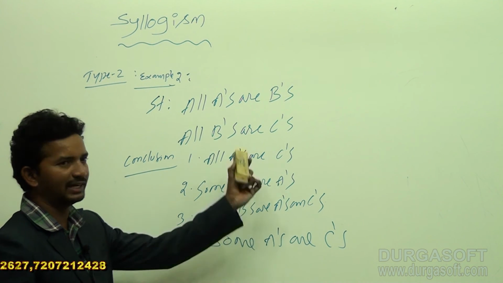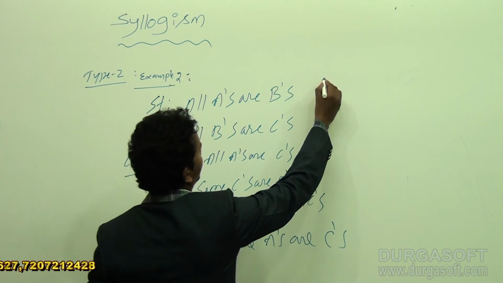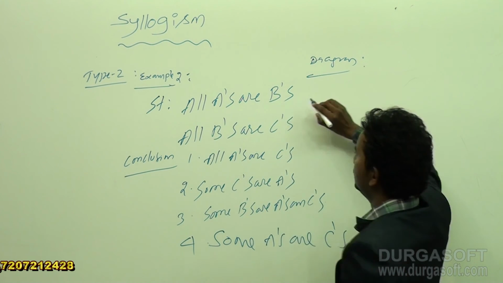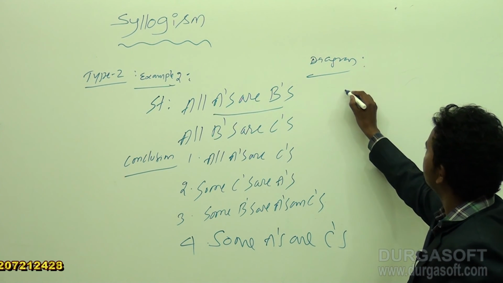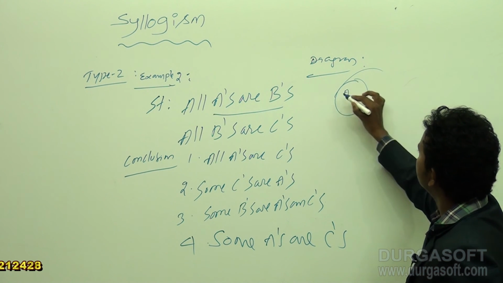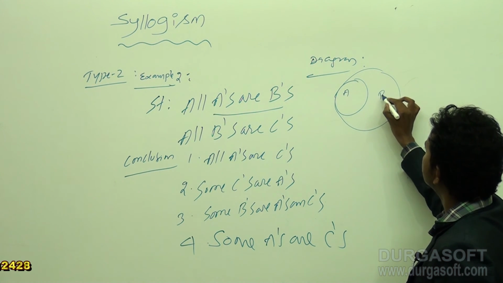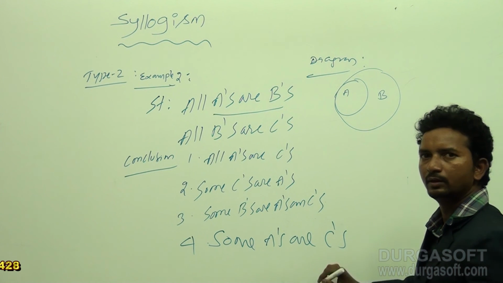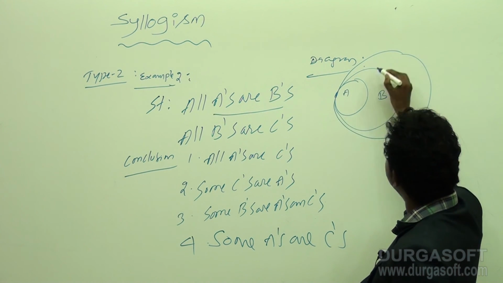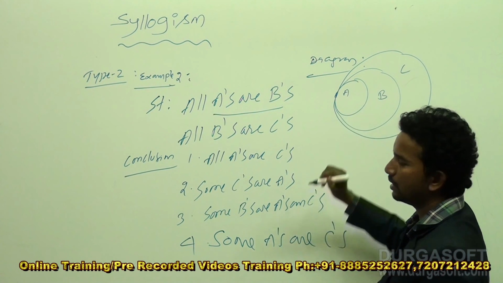Okay, now coming to the diagram. Here all A's are B's. Now I am taking all A's are B's, and here all B's are C's.